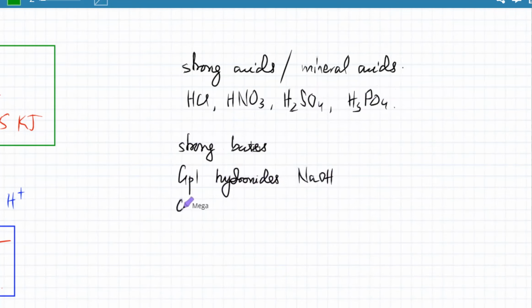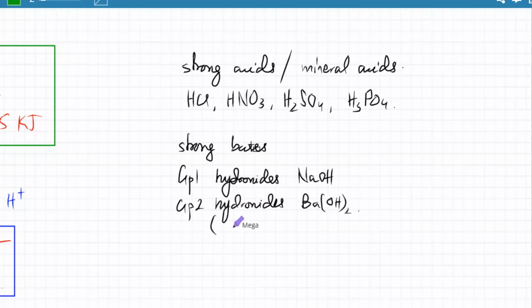And group 2 hydroxides, like Ba(OH)2. Again, later on we're going to study group 2 separately. So group 1 and group 2 hydroxides are very strong bases. The other ones don't dissolve a lot. So these are the ones that are really strong bases, and not the entire group 2, just the group 2 hydroxides lower down in the group.